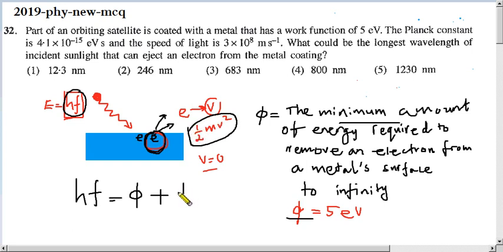So these two equal hf, that is the initial energy given by the photon. So now we know the basic equation. Why have they said in the question, what could be the longest wavelength? Why do they want us to find the longest wavelength?